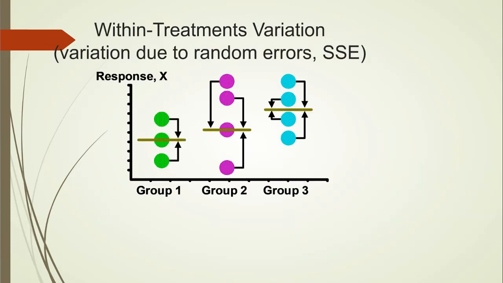The last source of variation is SSE, that is the amount of variation due to random error. Despite the fact that some passengers travel on the same class, they may still give different satisfaction scores. SSE accounts for this part of variation. That's why it's called within treatments variation.